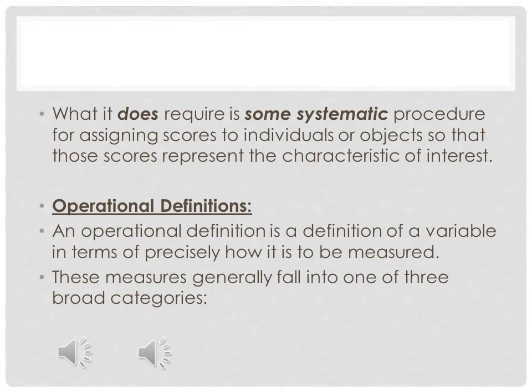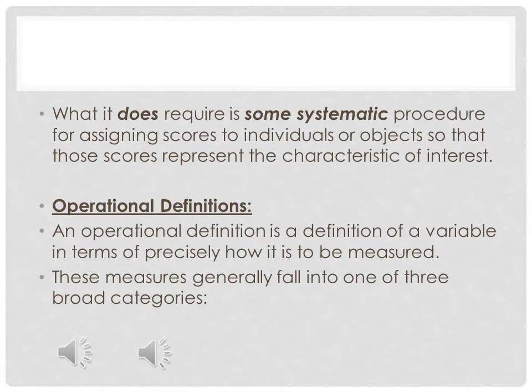We have already given an example of that. Measurement requires some systematic procedure for assigning scores to individuals or objects, and these scores represent the characteristics, or the level of characteristics, of that person in different areas.